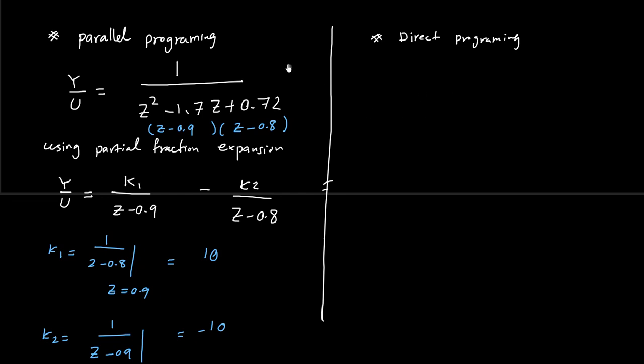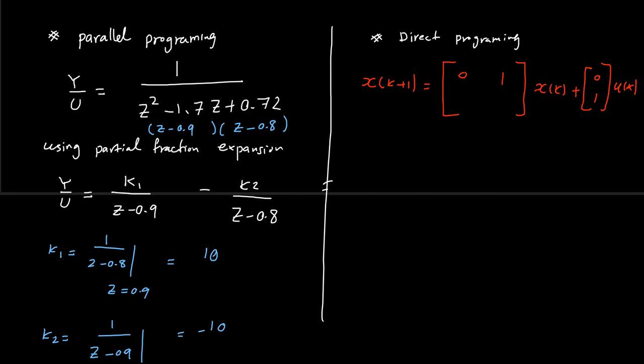Now in the direct programming, or the phase canonical form, if we recall, I can write it as x of k plus 1. I will write it directly in matrix form, second order, so [0 1] x of k plus [0 1] u of k.